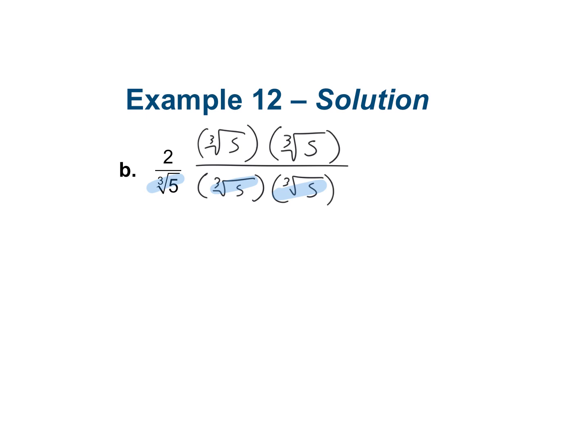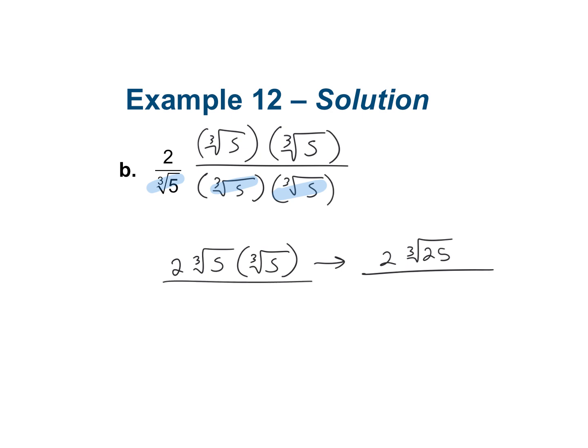Now, when I do that, I multiply the top like I usually would. It's going to become 2, and then the cube root of 5 times the cube root of 5. You're going to multiply the cube roots together, so that's going to become 2 the cube root of 25. And then for the bottom, since we have the cube root of 5 times the cube root of 5 times the cube root of 5, because there are 3 of the same and it's the cube root, you're just going to get 5 at the very end.